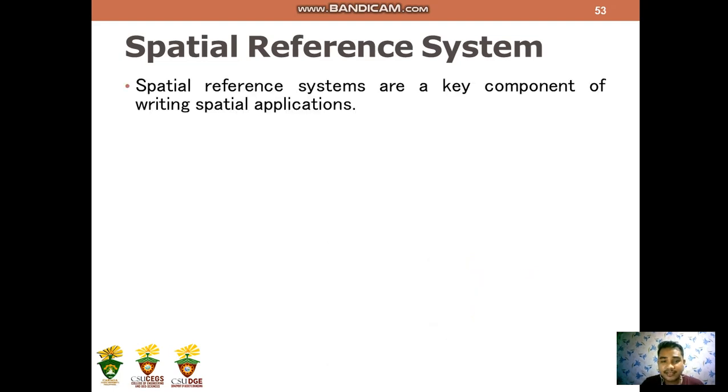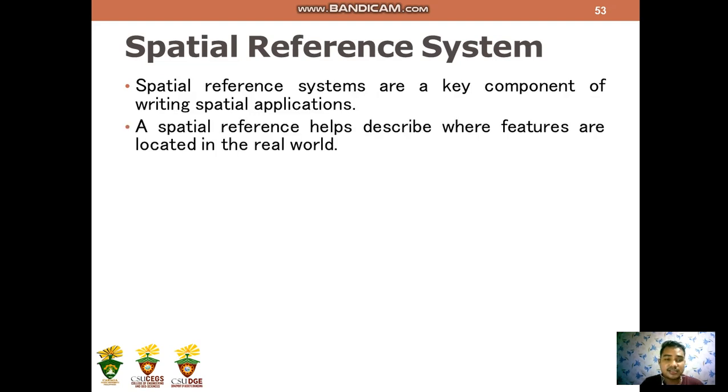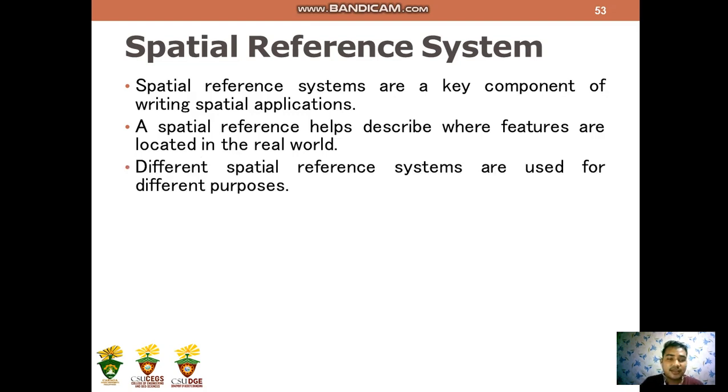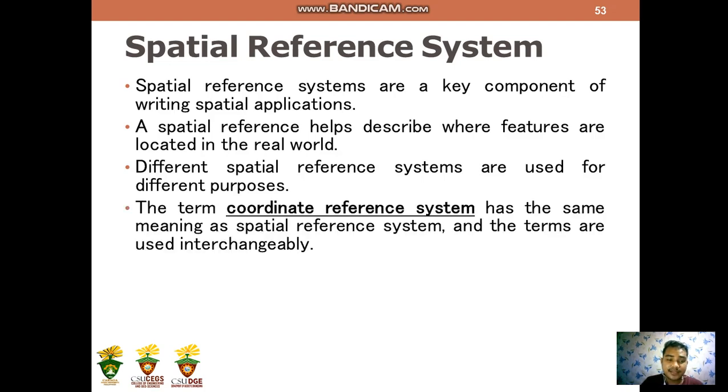Spatial reference systems are a key component of writing spatial applications, and they help describe where features are located in the real world. Different spatial reference systems are used for different purposes.